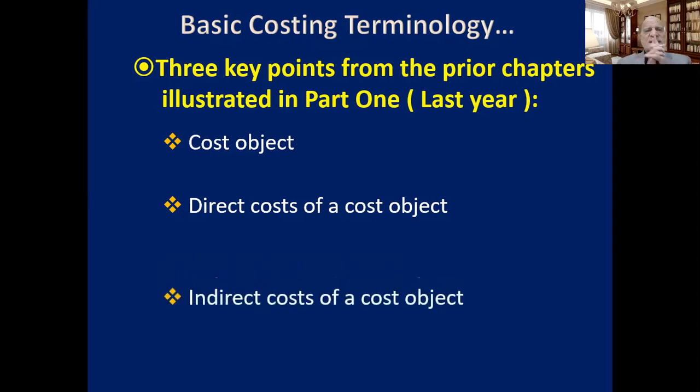The third concept is indirect costs. Indirect costs of a cost object are costs that cannot be traced to that cost object in an economically feasible way.